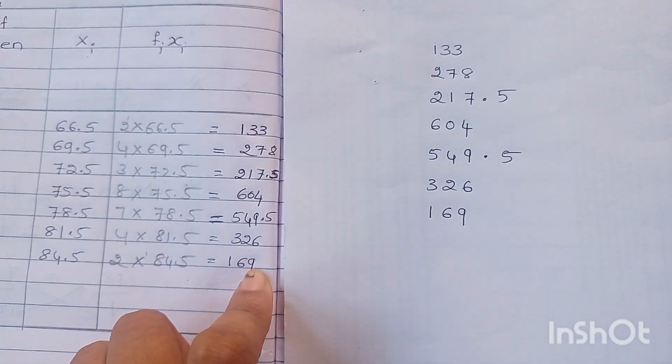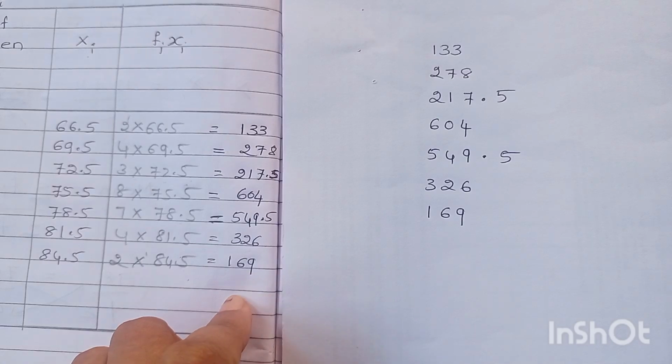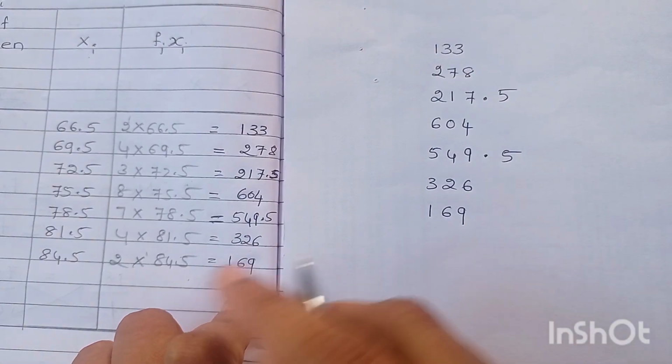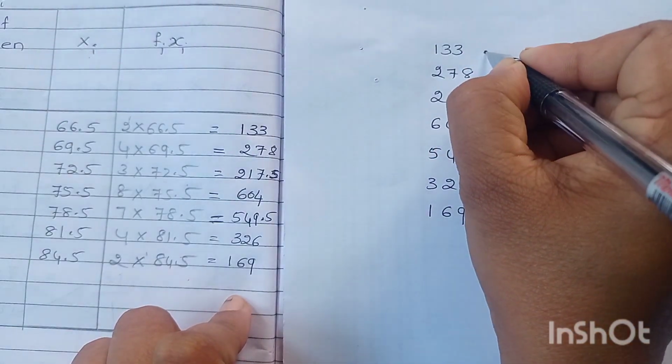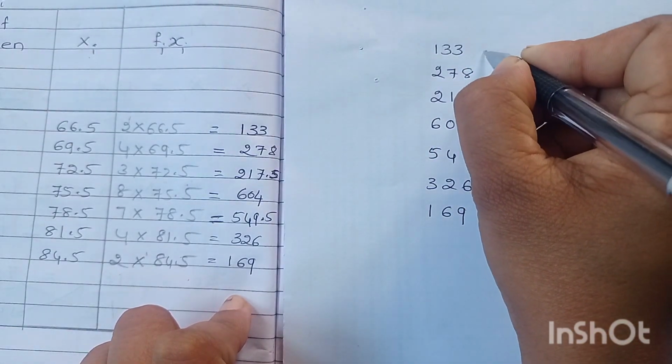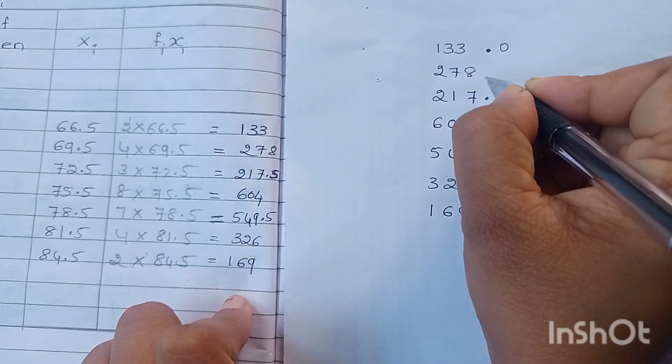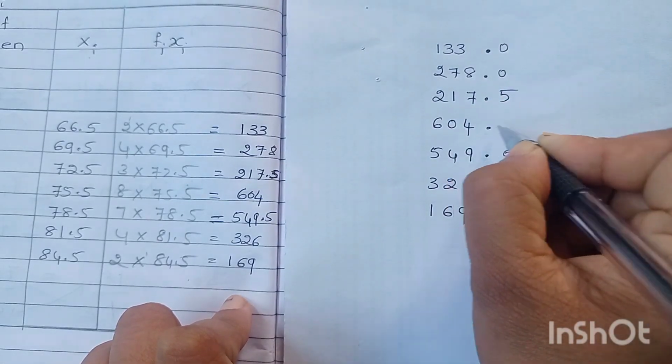We have to add this. So many of them have confusion adding decimal numbers. Therefore I am showing this here. You have to write the numbers like this. If there is no decimal point, then you have to consider it as 0. Okay.